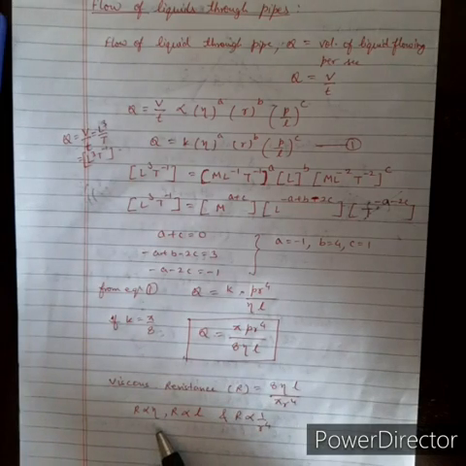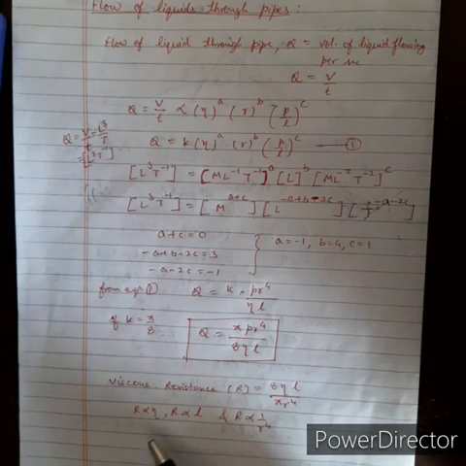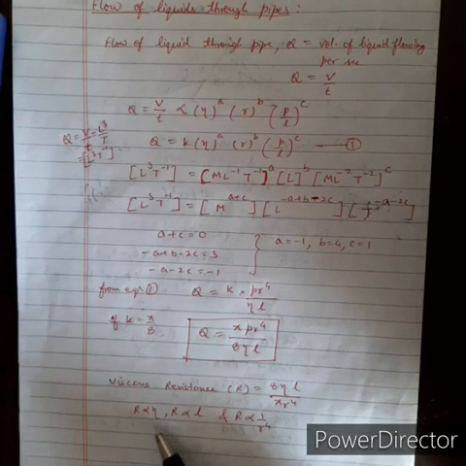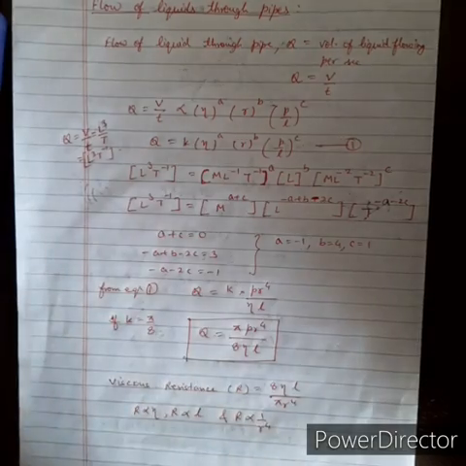If you increase the coefficient of viscosity, the resistance will also increase. And if you decrease the radius, the viscous resistance will increase. Okay, this is the flow of liquid through pipes.